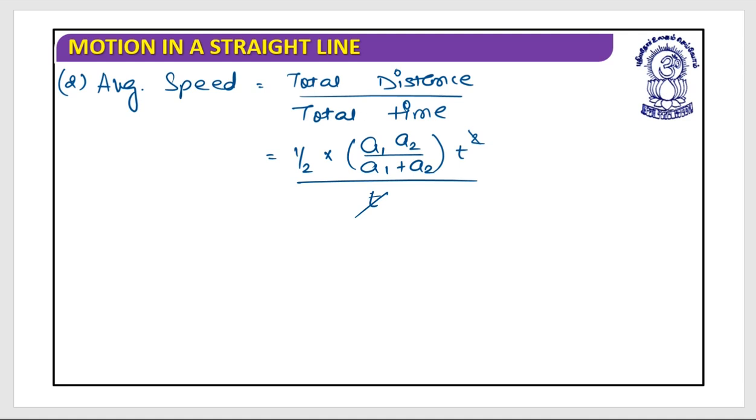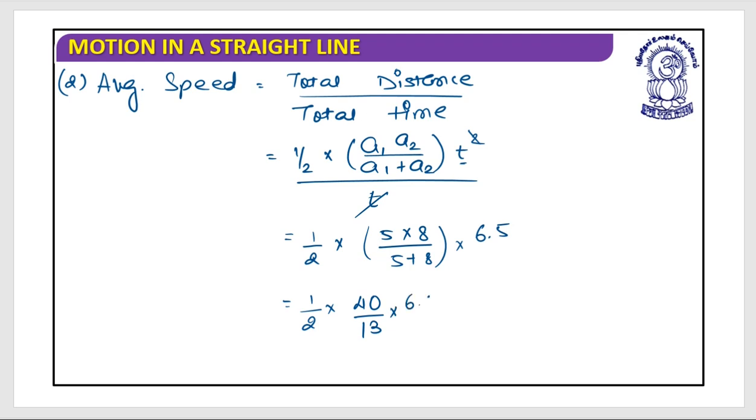So this t would be gone, and what I have is half multiplied by 5 into 8 divided by 5 plus 8, multiplied by time, and this time was 6.5 seconds. So this is equal to 1 by 2 into 5 8s are 40 divided by 5 plus 8, 13, multiplied by 6.5. This 6.5 2s are 13 and this is 40 by 4. It's 10 meter per second. This is the average speed of the journey.